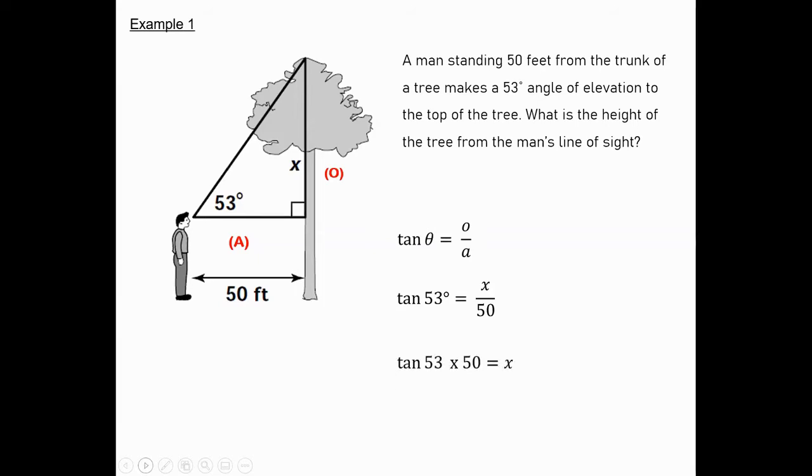Next, we reorient my formula to have x as a variable by itself. Now, tan of 53 times 50 will give us 66.352 feet. That's equal to x. I rounded to the nearest whole number. Yes, Letitia, great job. Rounding it to the nearest whole number gave me 66 feet.